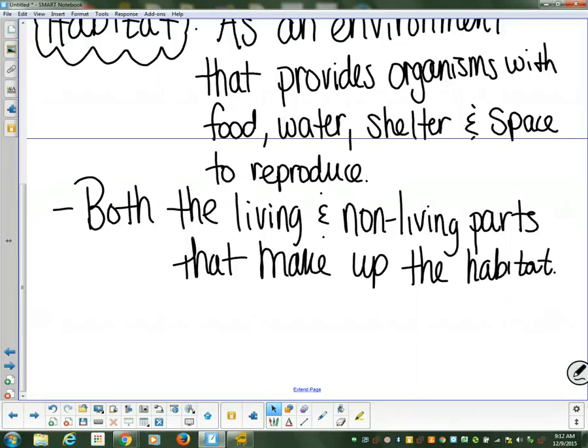Okay, so it's going to have both the non-living and living parts. Why is that important for the non-living? Okay, I mean, honestly, a rock, how can that be beneficial to a habitat? How can a rock be beneficial?